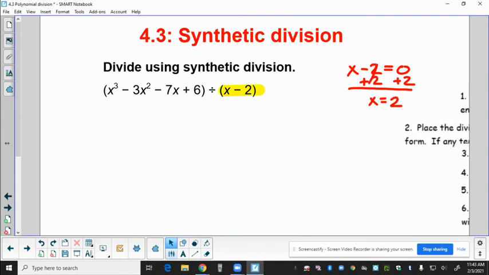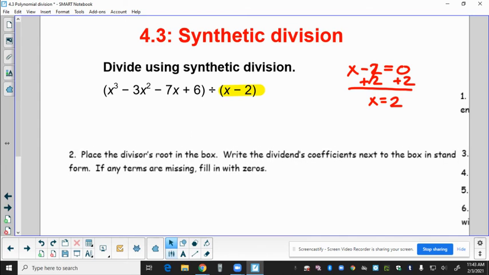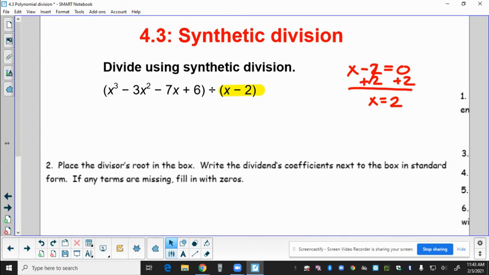Let's see what step number 2 is. Okay, so it says place the divisor's root in a box. What's that mean? The root is 2. Put it in a little box like that. So you got to learn the way to set this up. Write the dividend's coefficients. So let's recall the dividend is this. Okay, everybody? So write its coefficients next to the box in standard form.